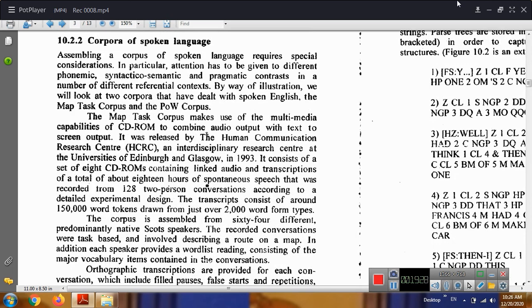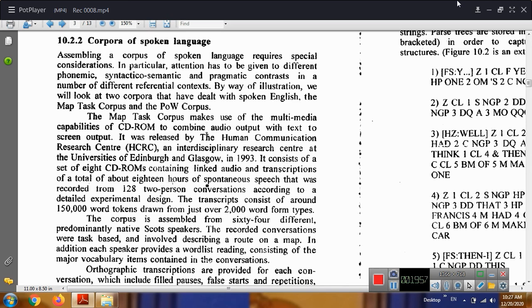The Map Task corpus makes use of the multiple media capabilities of CD-ROM to combine audio output with text to screen output. It was released by the Human Communication Research Centre, an interdisciplinary research centre at the Universities of Edinburgh and Glasgow in 1993.